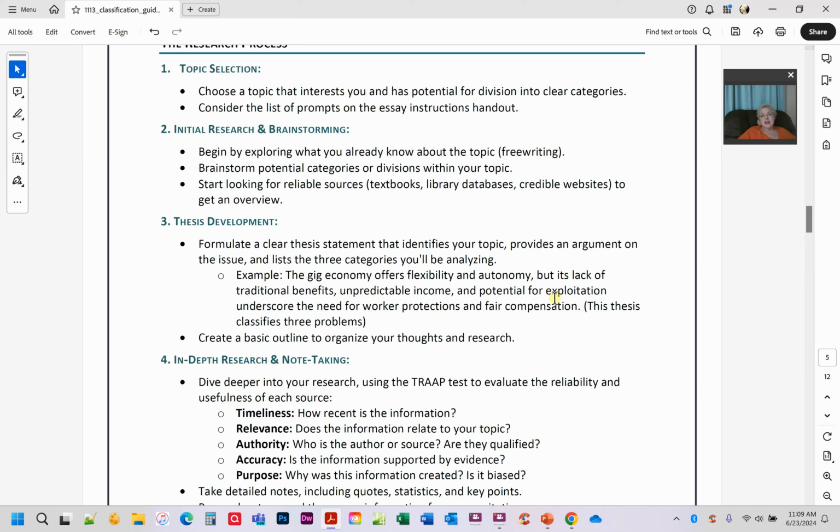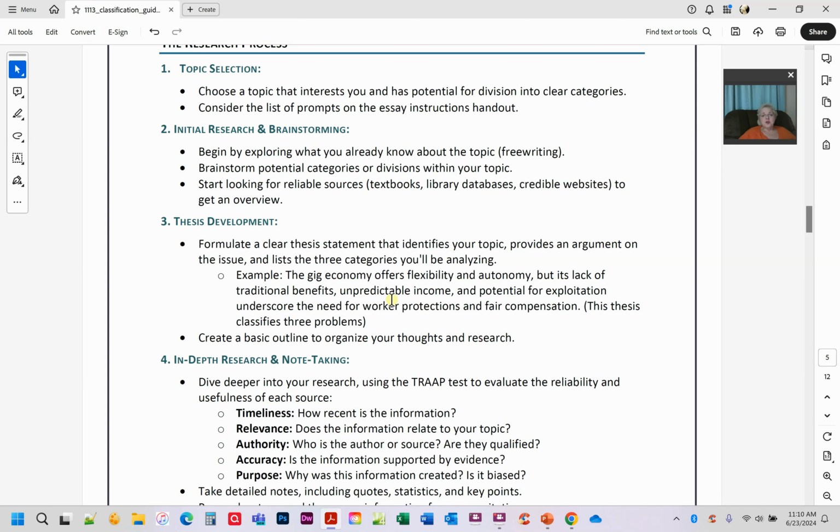So this essay can either then categorize the problems this way, or it can look at 3 primary gig economy groups and how they all rank in terms of how they provide benefits, how the income is, is it stable or not, and are they exploited. Right. So again, like all essay assignments, there's some nuances in what you can choose to follow the pattern, either classify the problems or classify the things that you're talking about.